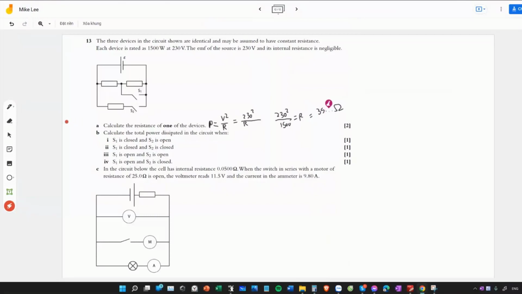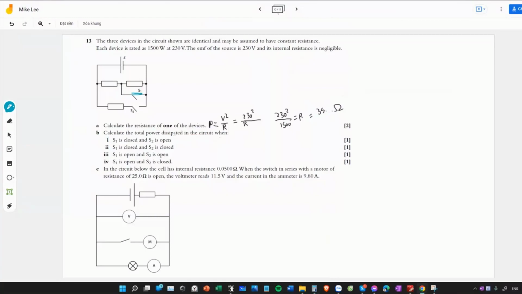Question B. Calculate the total power dissipated in the circuit when S1 is closed and S2 is open. I will do a demonstration of how to find the total power in the first case, then you do it similarly for the other cases. The first case, S1 is closed.